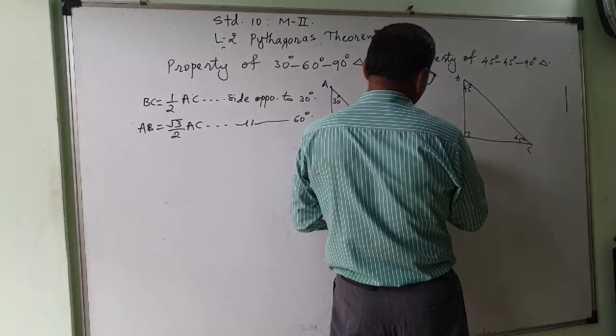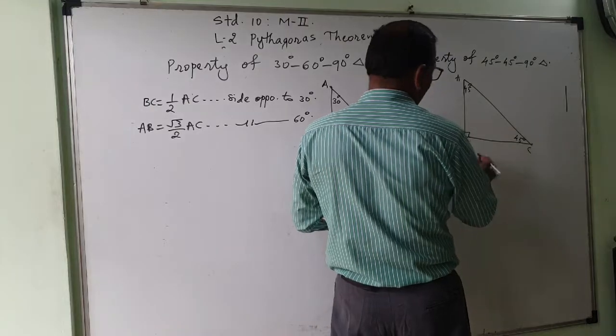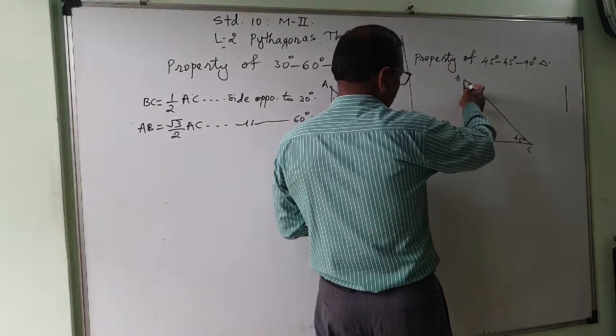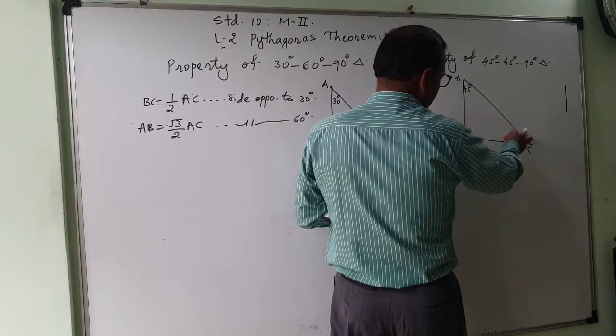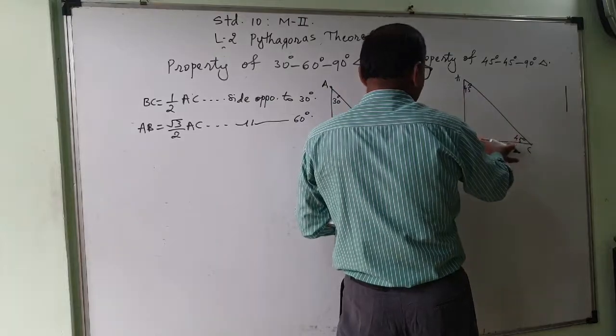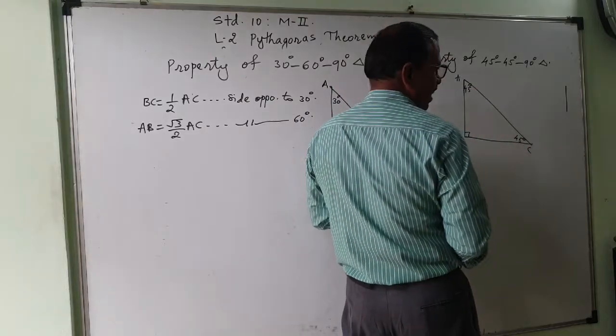So AB equal to BC. Sides opposite to congruent angles are congruent. This is 45, opposite to this will be BC. This is 45, opposite to this is AB. So both of these sides are opposite to 45 degree, therefore they are equal.